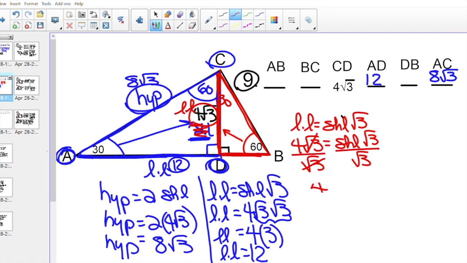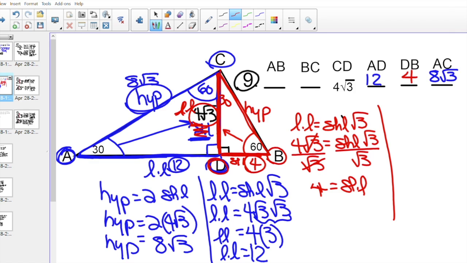That cancels now. We've got this side, this is the hypotenuse, and that's the longer leg, so this is the shorter leg, and it is 4. That's going to be from D to B, and that means 4 goes right there on the chart. 4 is DB.